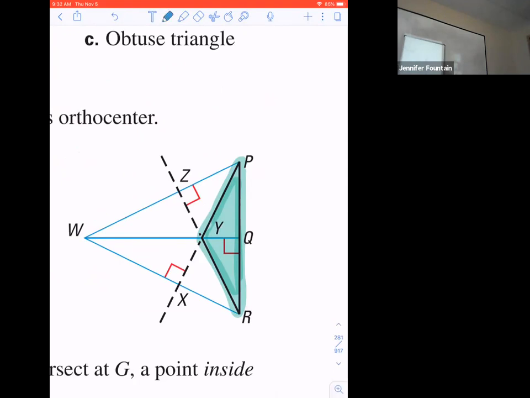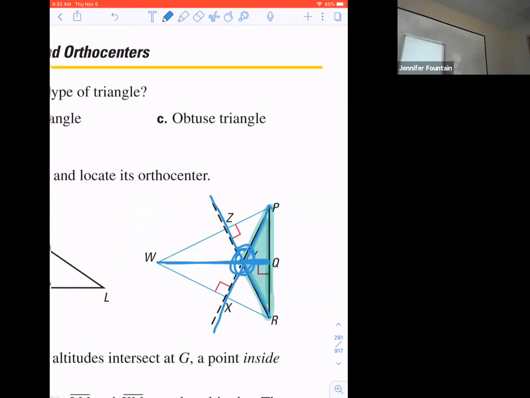So basically going from R, you can see that it would extend that way. P would extend that way. And then the altitude going from Y to Q is going to be the main one, but you can see it would extend out as well. So where do all three of those intersect?